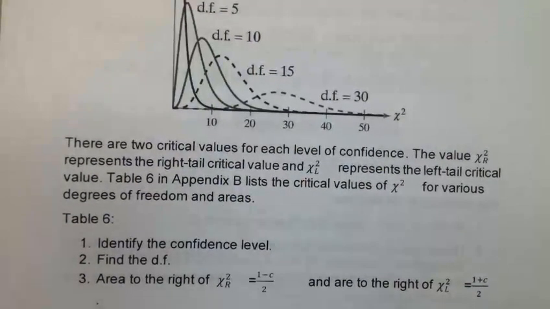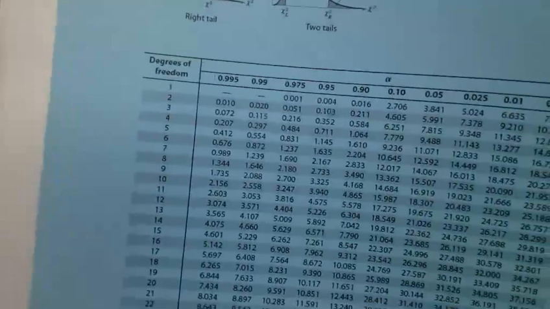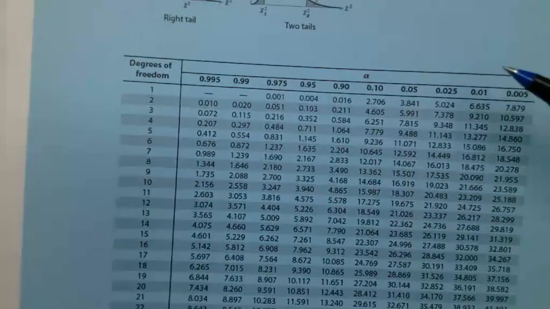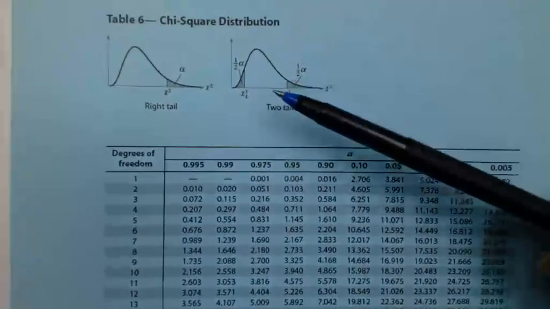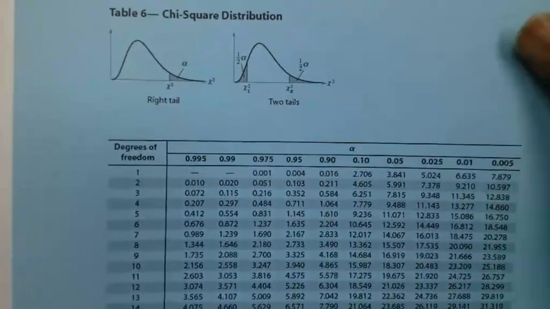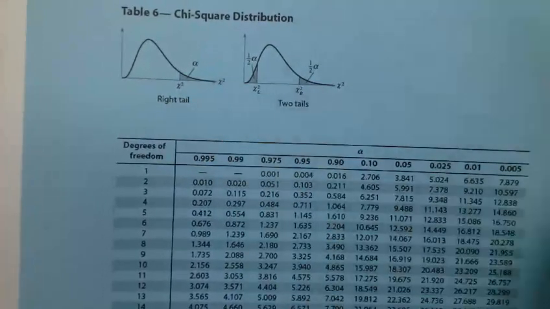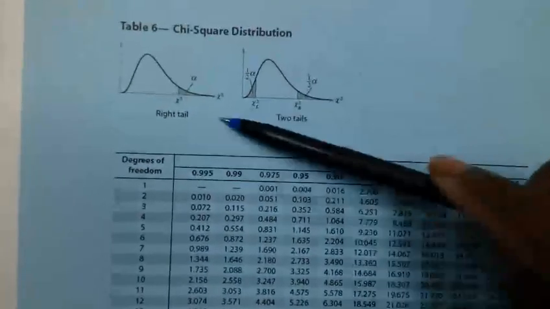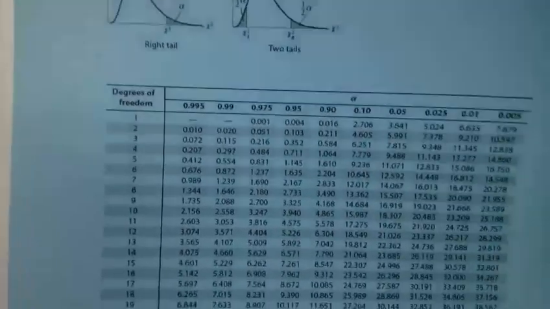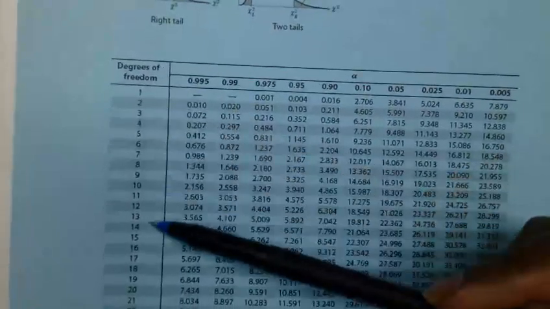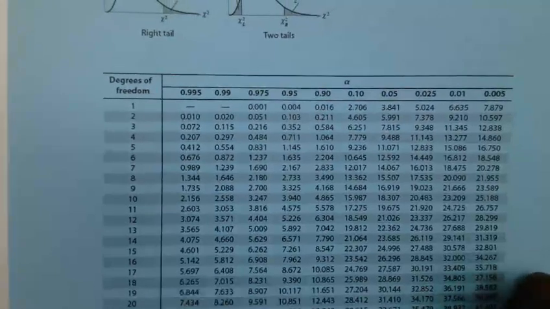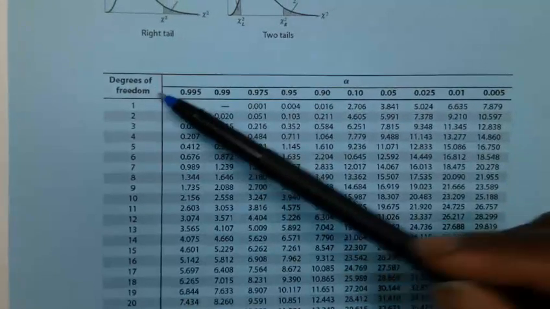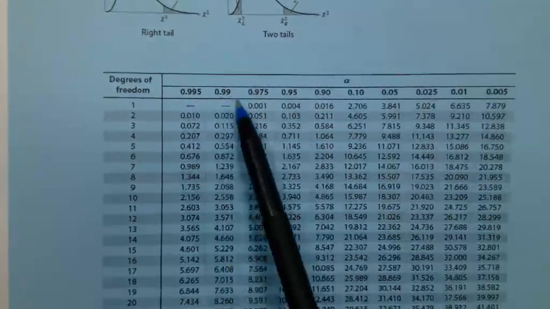Let me pull this out right quick. So here's our table, Table 6. You have your visual right here, as you can see. Degrees of freedom are on the side. So notice degrees of freedom, not n. And then our level of significance here.